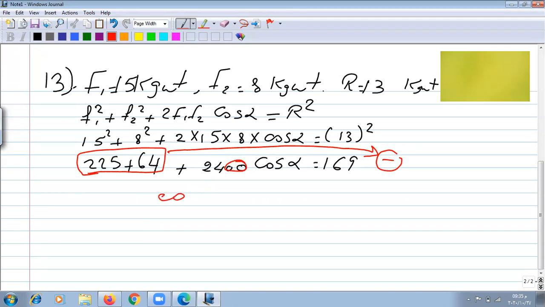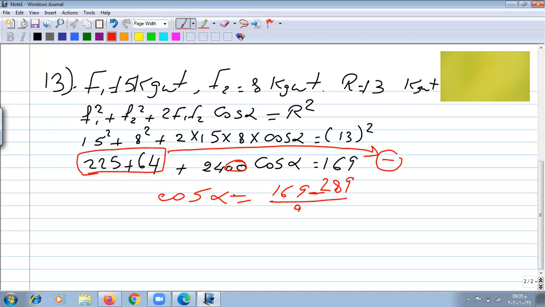Cosine alpha will be equal to 169 minus 289 over 240. Forgive my handwriting.